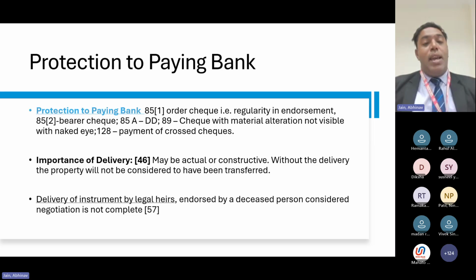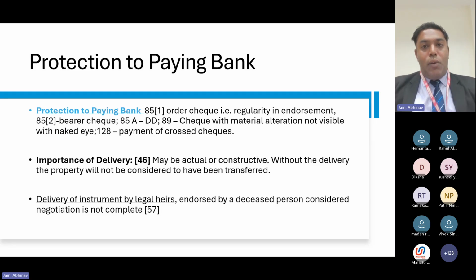And section 85(a) discusses protection to the paying banker in case of DD. Section 89, very important again, check with material alteration not visible with the naked eye gives protection to the paying banker. And section 128 gives protection to the paying bank in case of payment of crossed check, if everything else is in order. So these sections need to be taken care of.